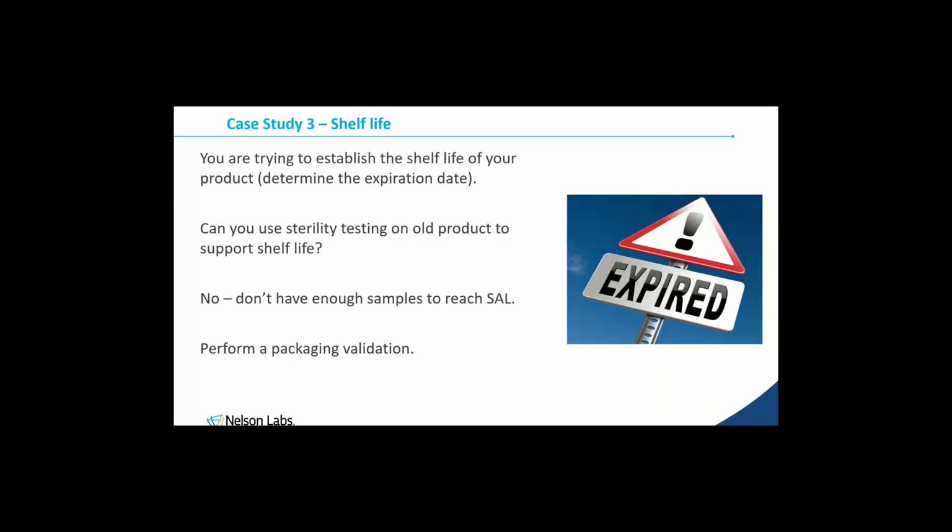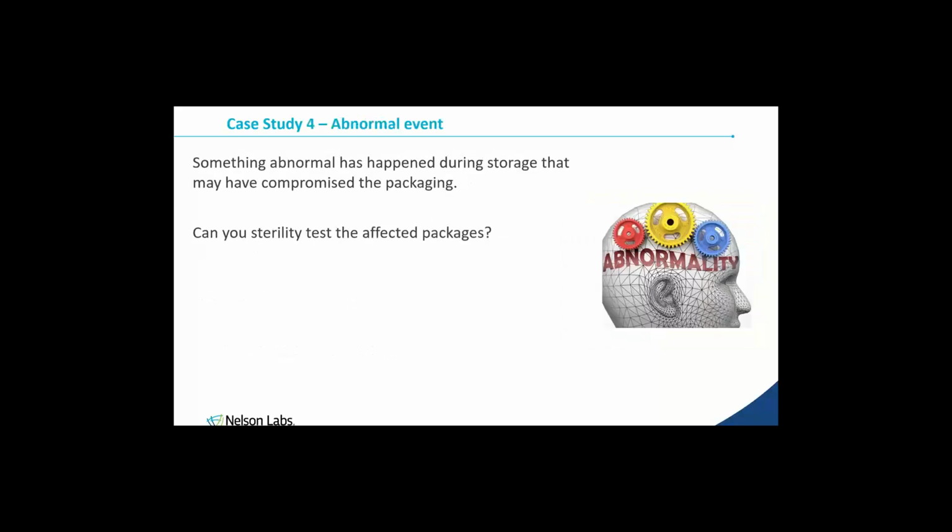And speaking of some weird ones, let's talk about something abnormal happening during storage. Because again, you wouldn't think that storage could be a problem. It's just sitting on a shelf. What bad things can happen just sitting on a shelf? But we have seen a few instances where there's an unusual event and you don't know if it compromised the packaging.